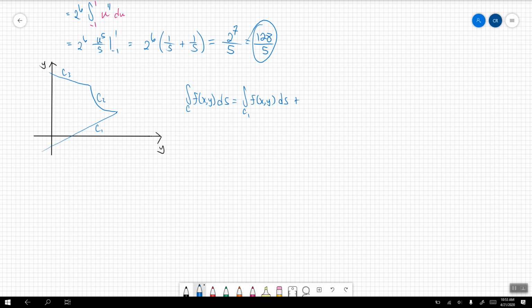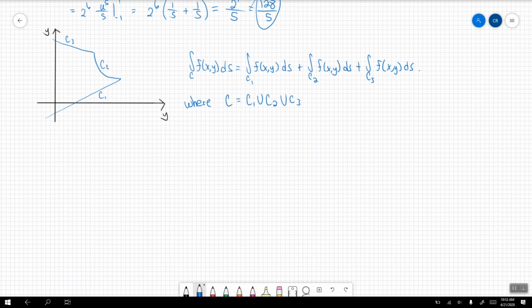Plus, we can do this with respect to the second curve, f of xy ds, and then plus the third curve, ds. There we are. And again, this is where the original curve is made up of C1 union C2 union C3. So the original curve that we're observing is made up of different curve components, and we can evaluate it using those different curve components, which is going to be really good for us.